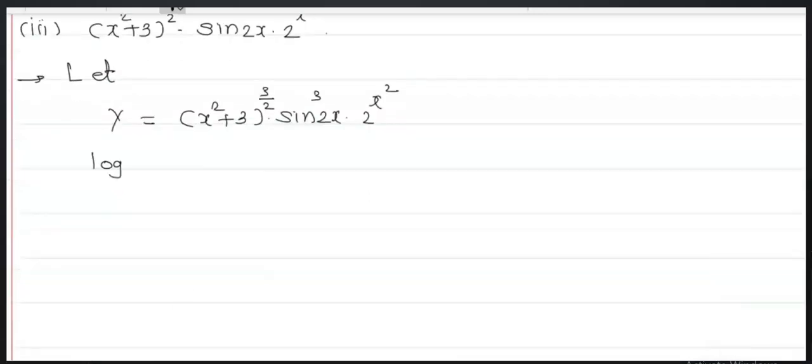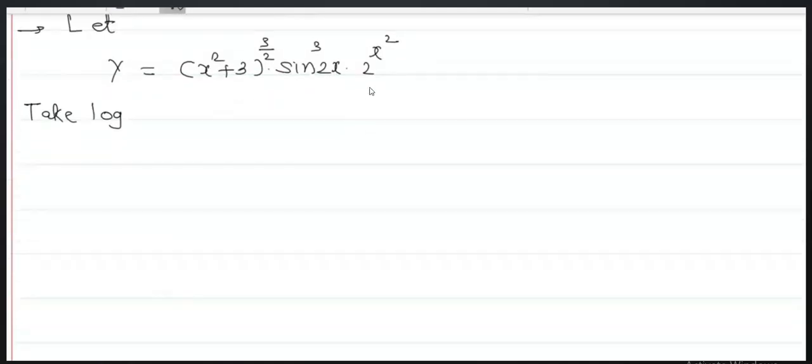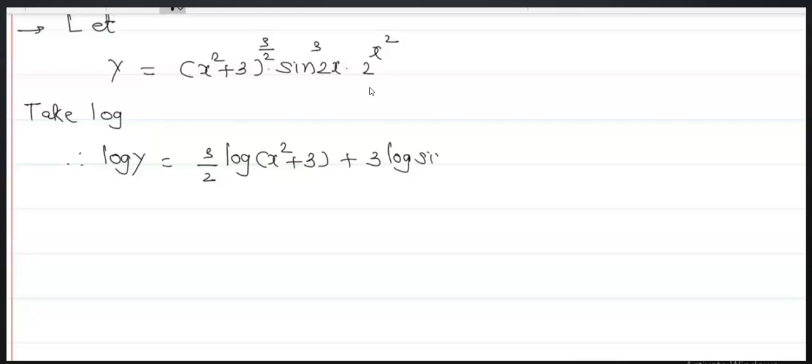Here we will write y is equal to x square plus 3 raised to 3 by 2, sine cube of 2x into 2 raised to x square. Take log on both sides: 3 by 2 log of x square plus 3 plus 3 log of sine of 2x plus x square log of 2.